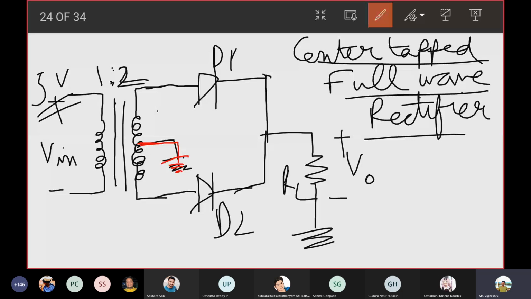Now, since the turns ratio is 1:2, if you give 5 volts across the entire transformer from this point to this point, you will end up getting 10 volts. Now, that is divided as plus minus, if we are in positive half cycle, plus minus Vin and plus minus Vin. Am I right?